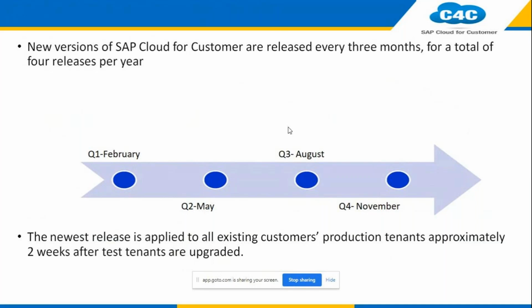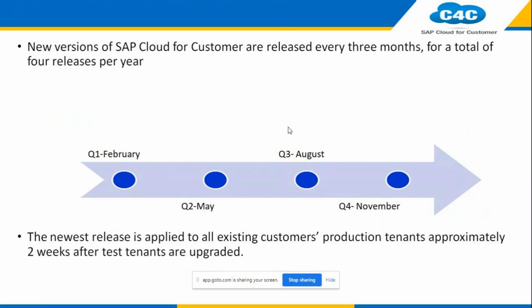For May, the version would be 2205, followed by August and November as 2208 and 2211. And all the versions will be upgraded automatically by SAP in the case of public cloud. Remember, automatic upgrade happens whenever you have a public cloud in place. And this is how the version gets changed.